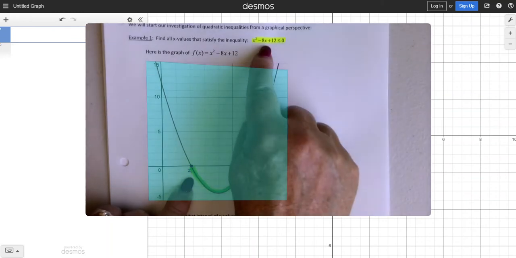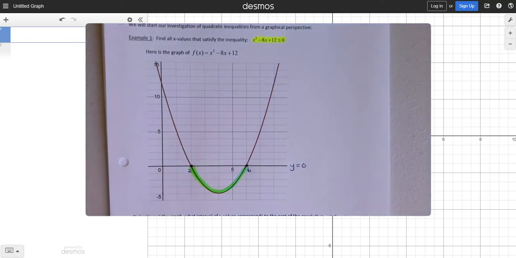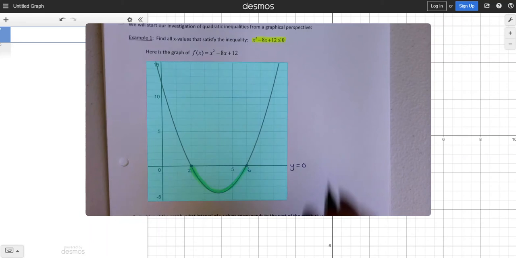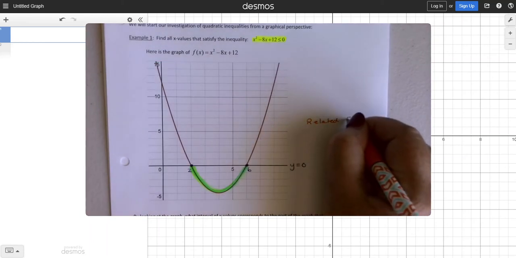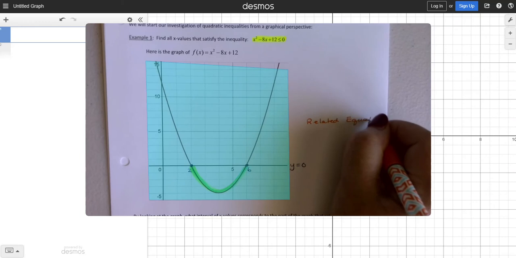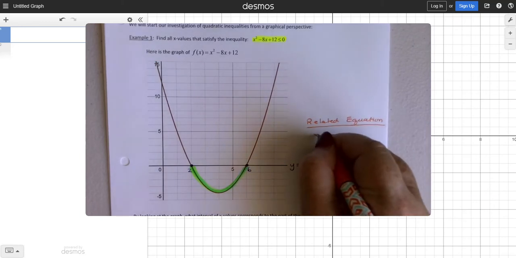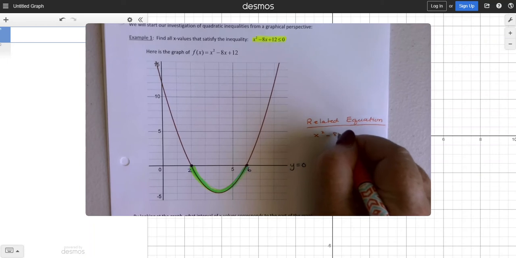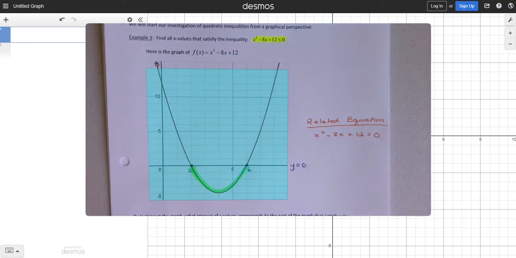I would just find it by setting that equal to 0. We call that the related equation. And so I could write my related equation as x squared minus 8x plus 12 equals 0, right?